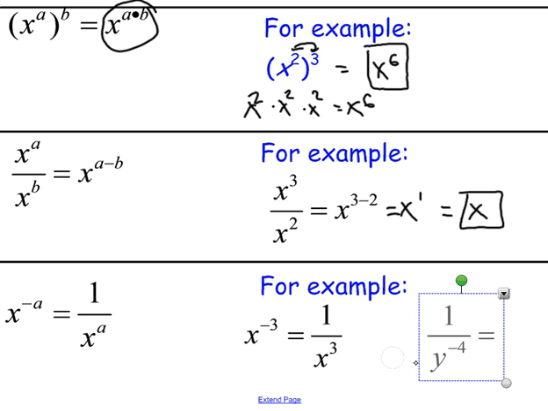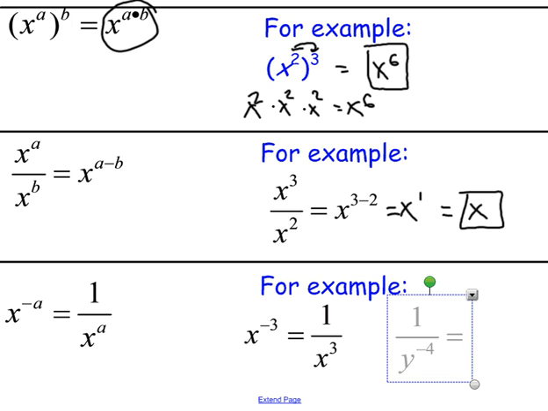Say you have a negative exponent in the denominator. Well, when that's the case, move it to the numerator and make it positive. So 1 over y to the negative 4th, that's going to be equal to y to the 4th over 1, or just y to the 4th.